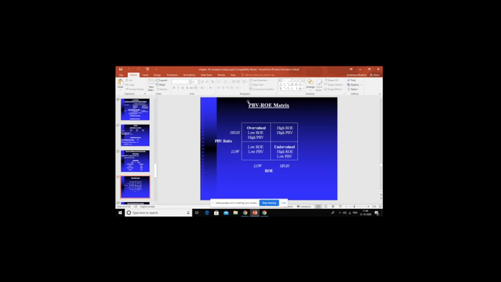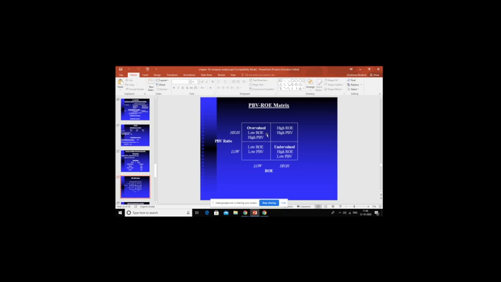So first you need to find out these two ratios, and depending on the answers you are getting, you can find out whether it is overvalued or undervalued. So if ROE is low and your price to book value is high, it is regarded as overvalued.